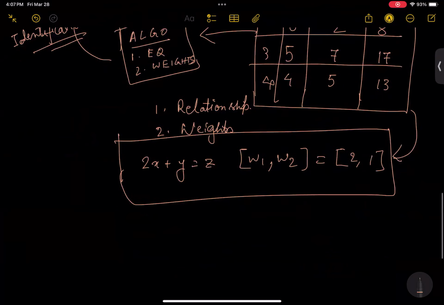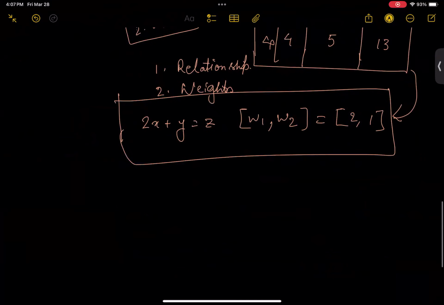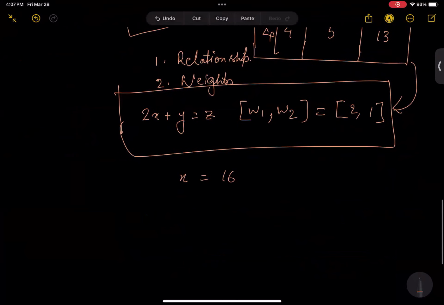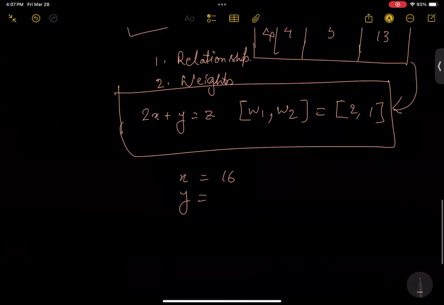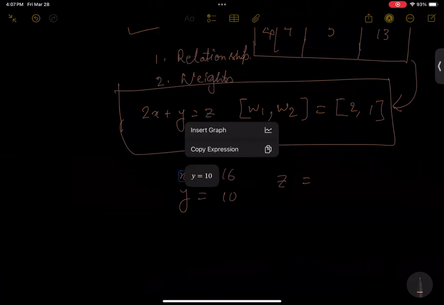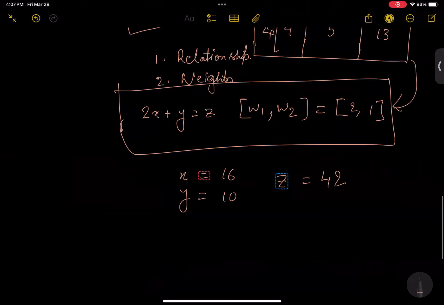Now if I give a new number, say x equals 16 and y equals 10, what is the output? z equals 42. So in order for you to calculate this, what did you need?